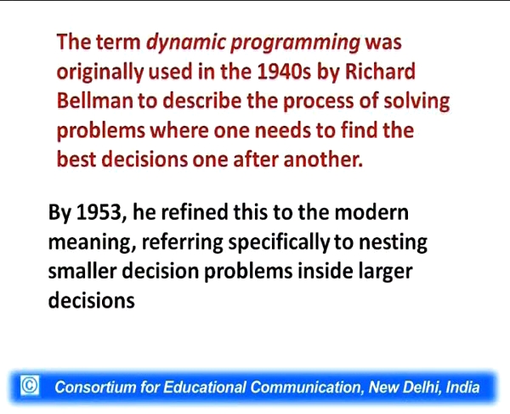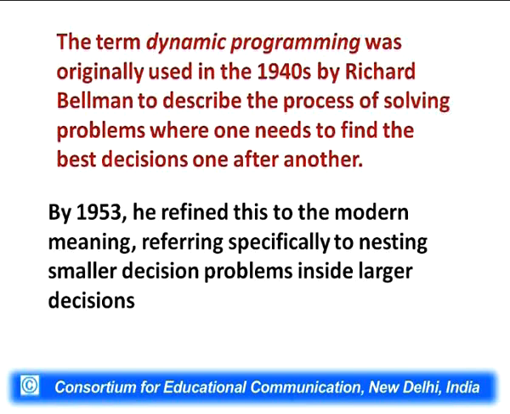Working on dynamic programming started during the 1940s, and after a decade, in 1953, Professor Richard Bellman refined this to the modern meaning, referring specifically to nesting smaller decision problems inside the larger decision, which is the big problem.